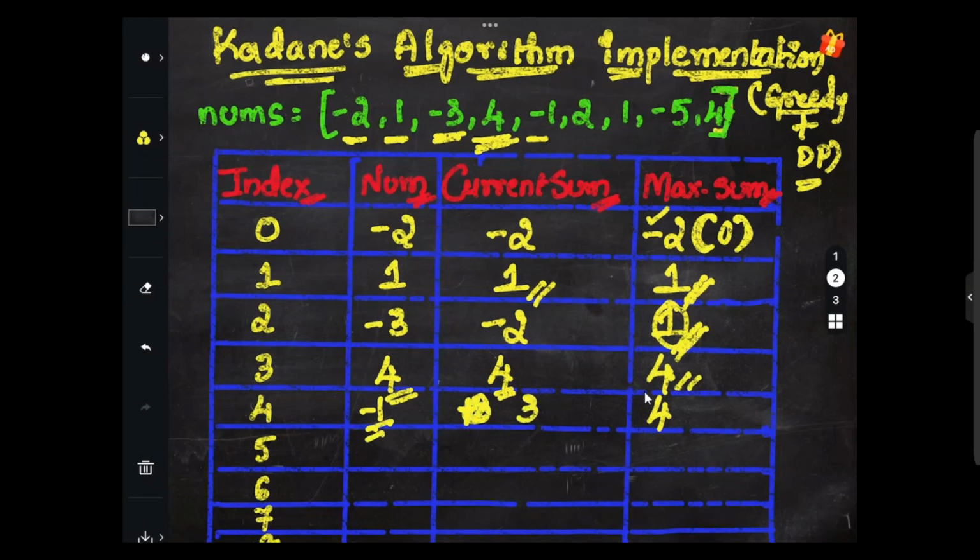So let me write 3 here. The maximum sum that has been found so far is still 4 itself, because we have 4 here, right? You can clearly see.